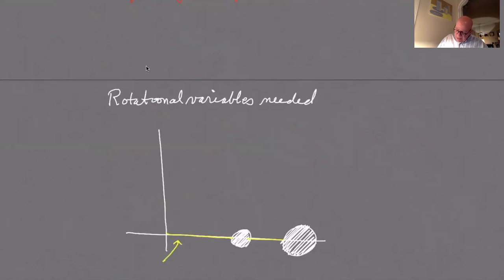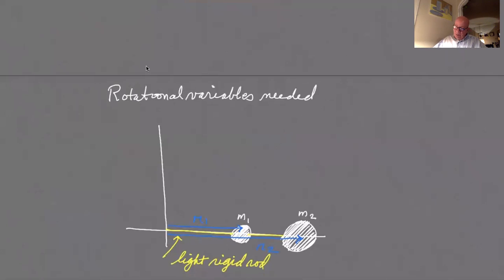So this is a light, rigid rod, and these objects of mass are tethered to it. One's actually going to be at R1, and one will be at R2.